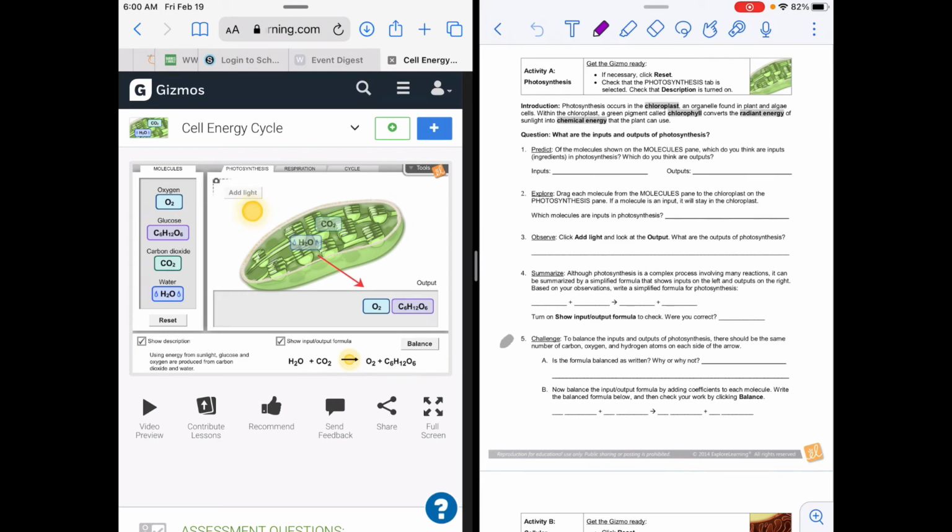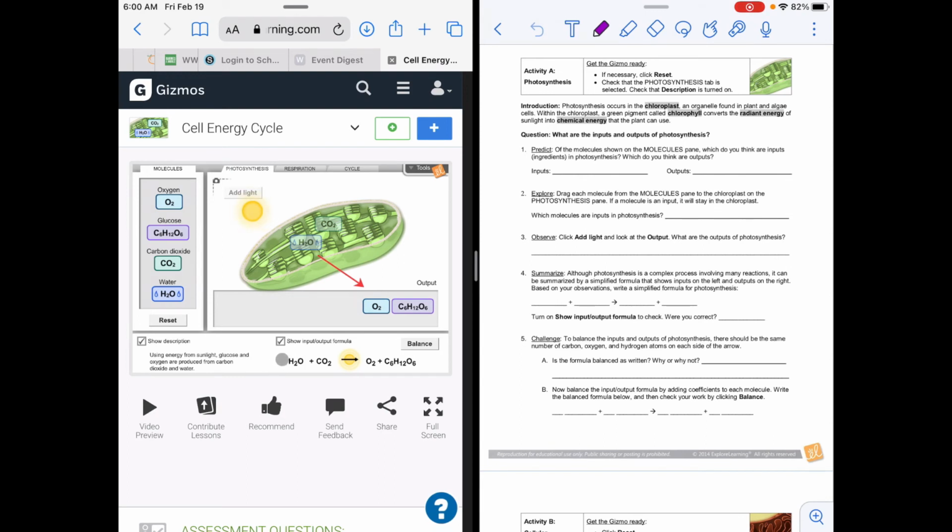You could say there are fewer hydrogens, oxygens, carbons also on the input side, or on the left, than there are on the right. Part B says, now balance the input and output formula by adding coefficients to each molecule. Write the balanced formula below, and then check your work by clicking balance. Okay, coefficients are going to be numbers in front of the formulas. So if you were looking at the chemical formula in the reading packet, that formula was balanced.